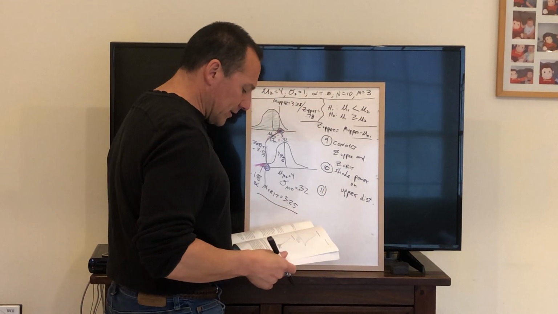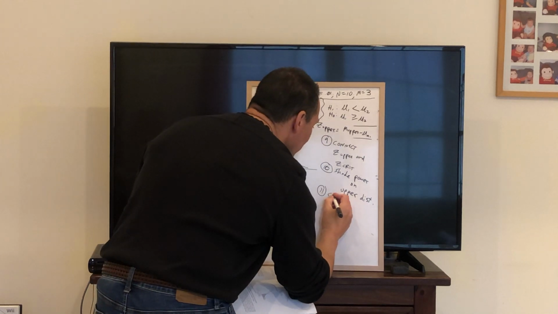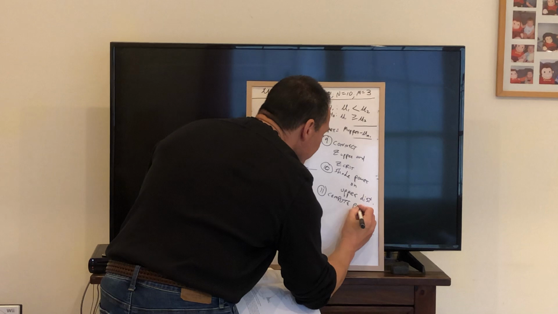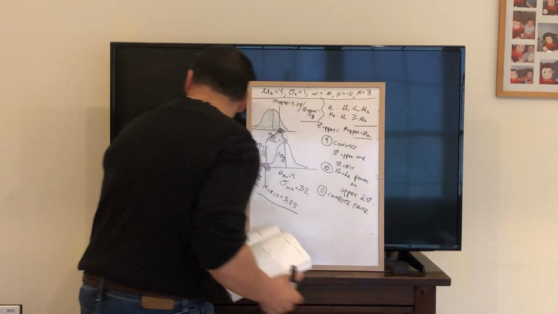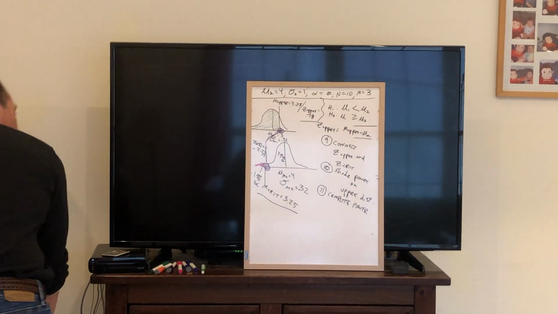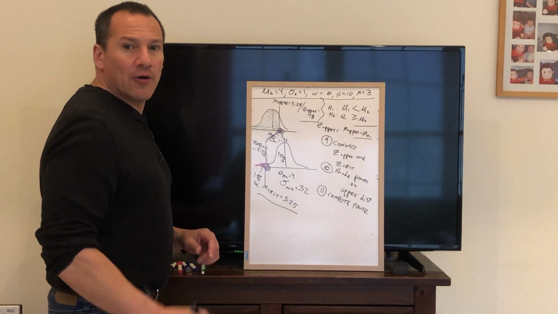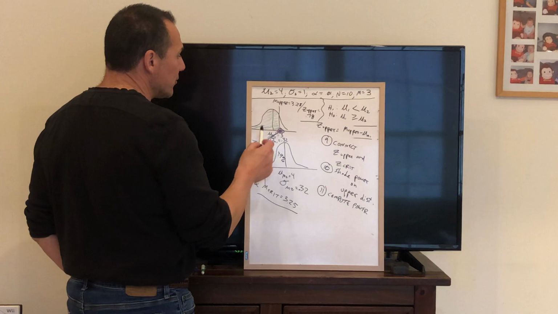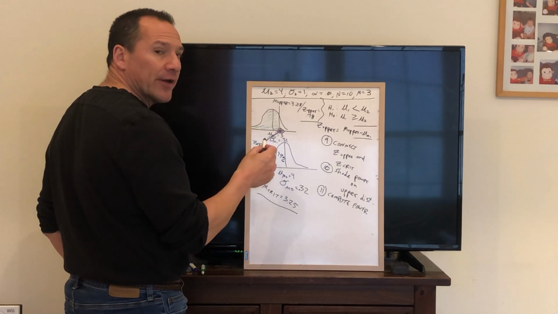Compute power based on the shaded section. So now we're going to compute power. Computing power is essentially figuring out what percentage of our upper distribution is this green shaded area.